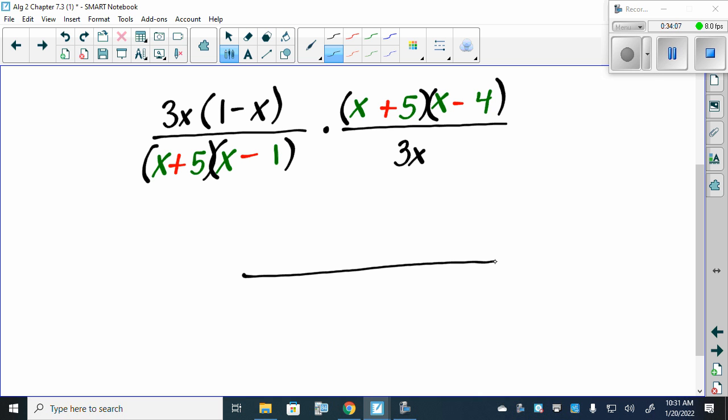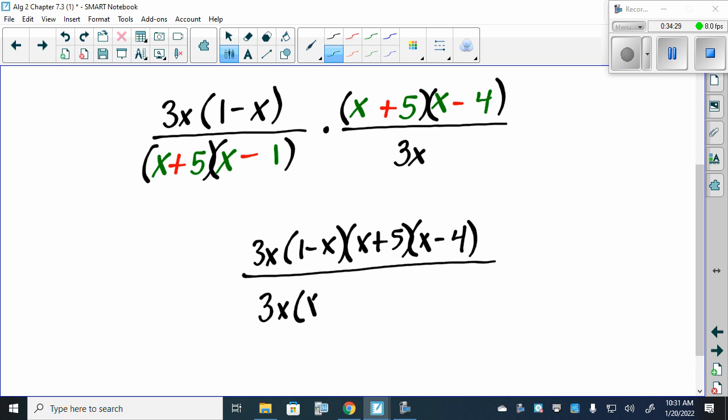Now we multiply them together, any terms that are not inside the parentheses, so the 3x on top and bottom will move to the front. So here we have 3x times 1 minus x times x plus 5 times x minus 4 over 3x times x plus 5 times x minus 1.